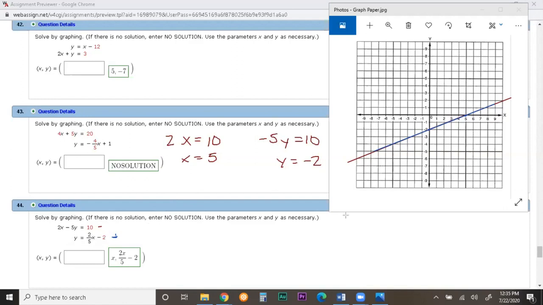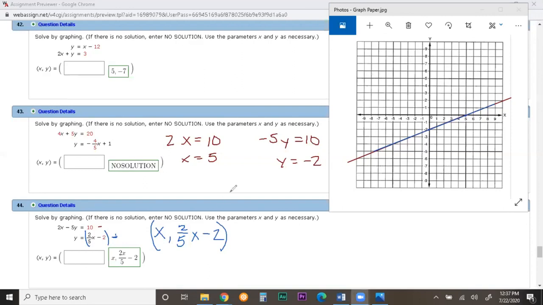So we just write our ordered pair as x, comma, and whatever y equals, which in this case, y equals 2/5 x minus 2. So this will be our ordered pair. So it's x, and then we plug in what x equals after we solve one of the equations for y. So that is objective 13.